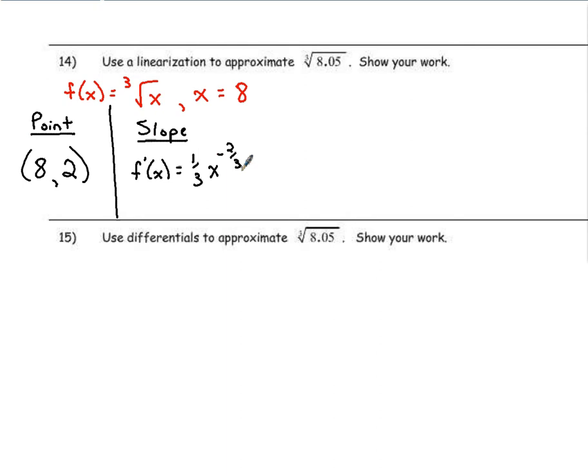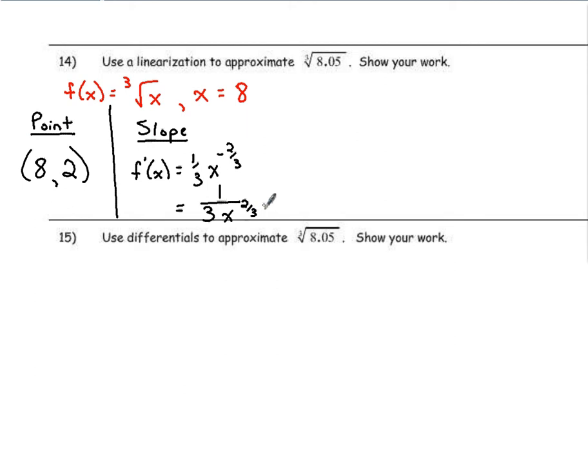As we simplify this derivative, because I have this fraction and this negative exponent, I set up a big fraction. The denominator would include a 3 because of the denominator from this fraction. It would also include an x to the 2/3 power, because I'm going to bump this downstairs, and when I bump it downstairs, the negative goes to a positive power. All that remains on top would be a 1.